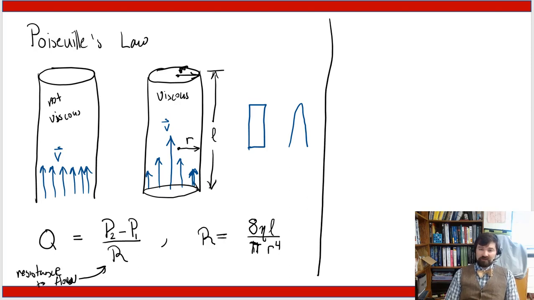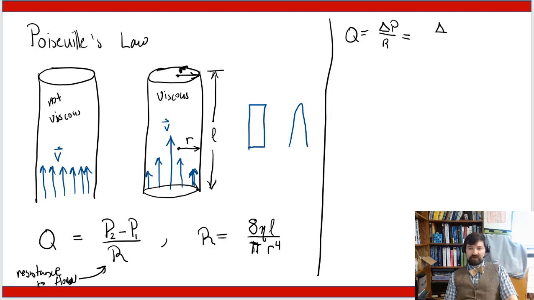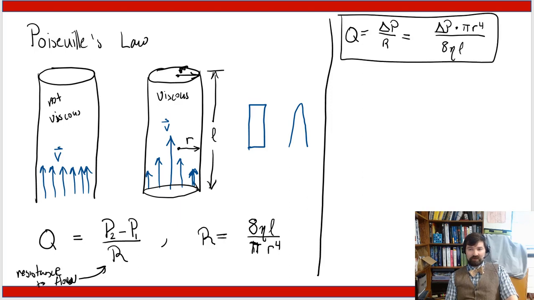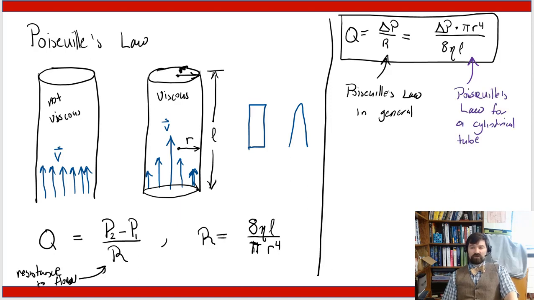Poiseuille's law says Q is delta P over R, which, given how R is defined for a cylindrical tube, becomes delta P times pi r to the 4th divided by 8 eta L. So this is Poiseuille's theorem in general. And then this one right here is Poiseuille's law for a cylindrical tube, or in other words, for a tube that has circular cross-section.